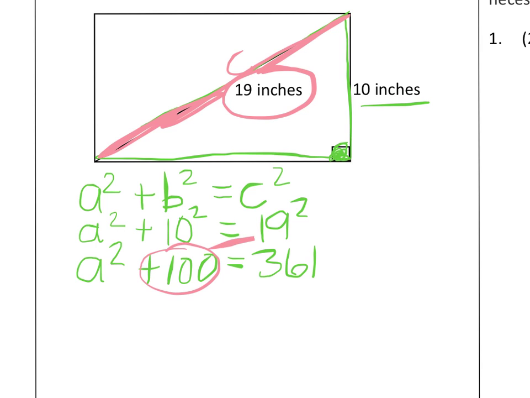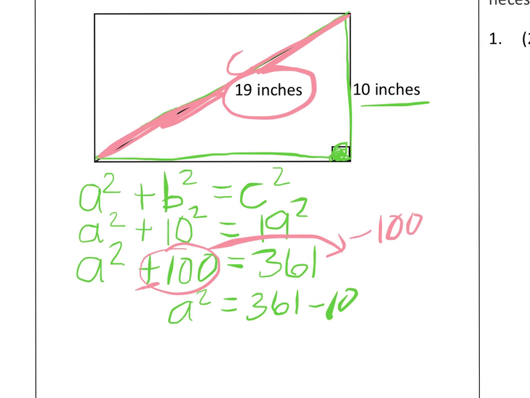So I'm going to move 100 with 361, remembering that since it was addition over here, I've got to subtract 100 when it comes on the other side of the equal sign. So I've got A squared equals 361 minus 100. And when I subtract those, it turns out to be 261.